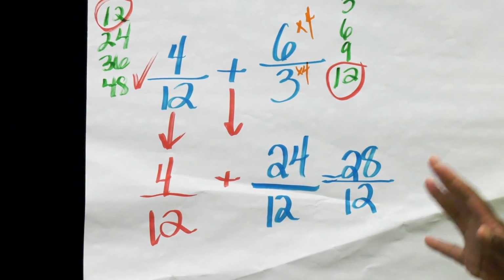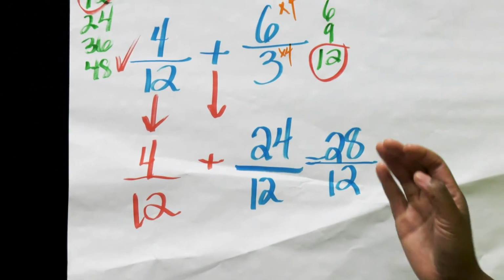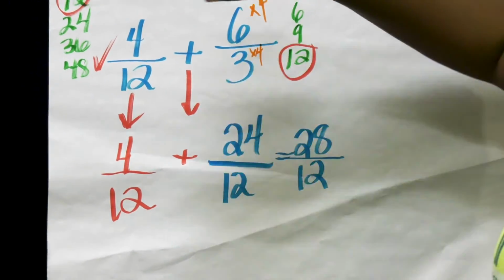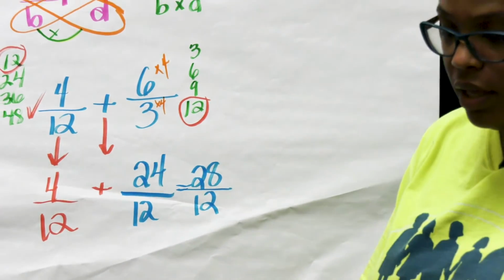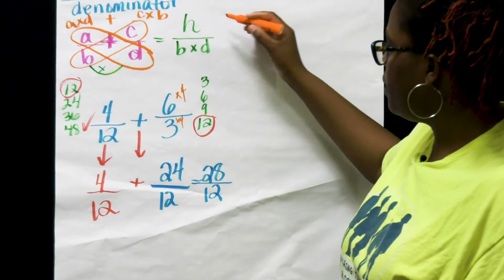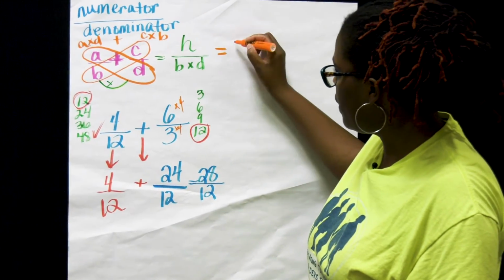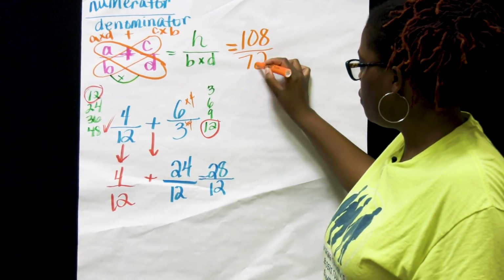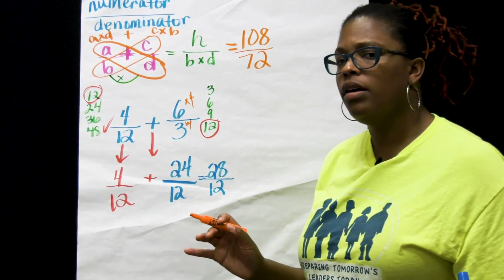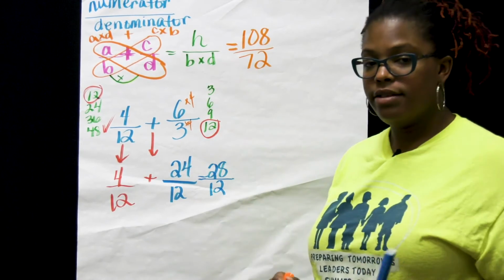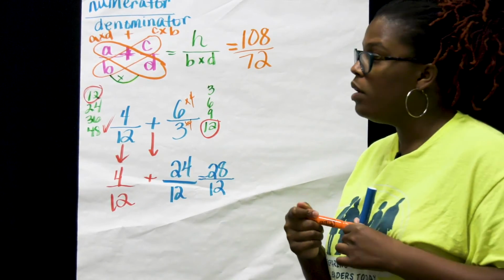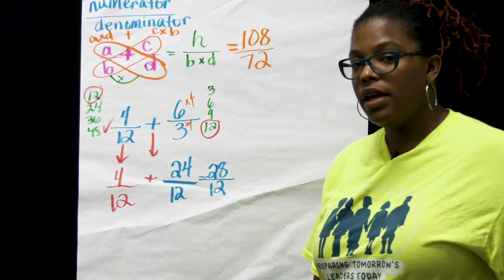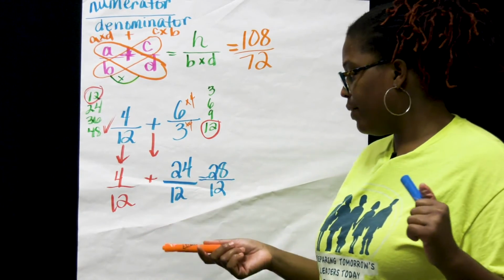So why do I prefer this method? Because sometimes when you use the butterfly method, let's say you got an answer hypothetically of 108 over 72. Let's just say that was your answer, and you don't see that answer there. Well, then you would have to simplify, or reduce, that fraction.